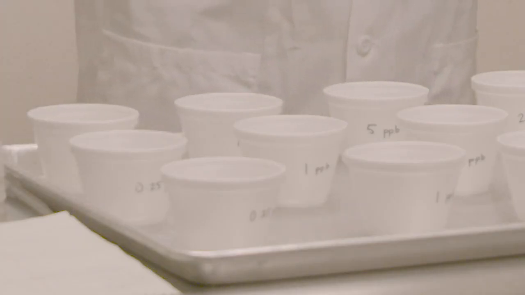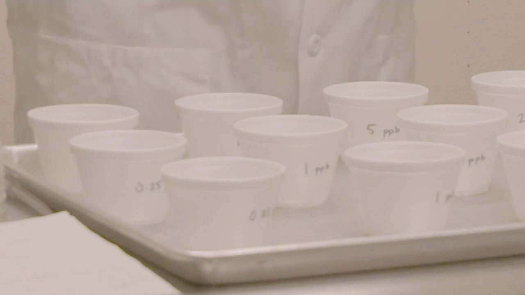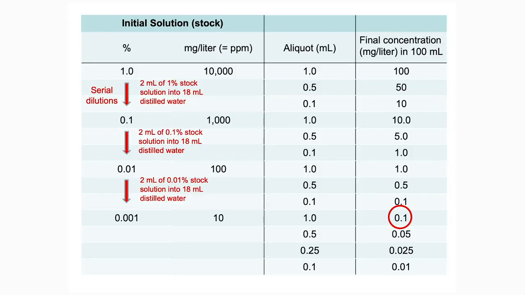Now let's suppose the highest concentration that we want to test is equal to 0.1 milligrams per liter of formulated ingredient. To obtain 0.1 milligrams per liter of the formulated product in each 100 ml bioassay cup, add 1,000 microliters of a 0.001% stock solution to each cup.